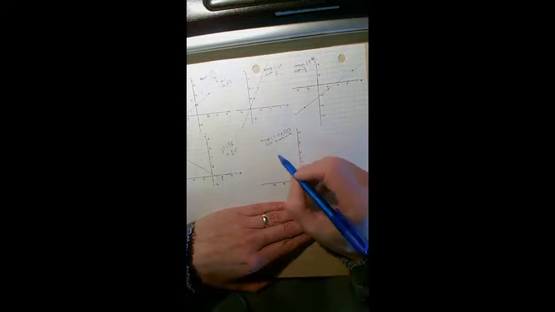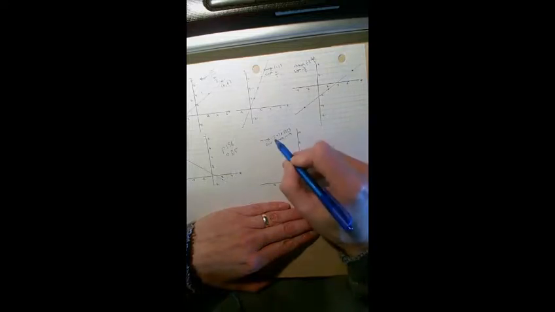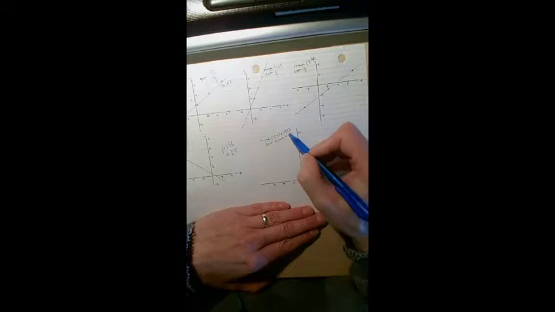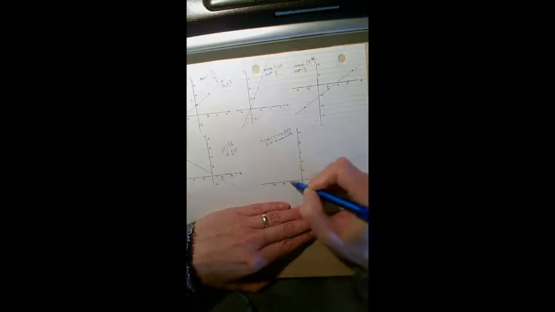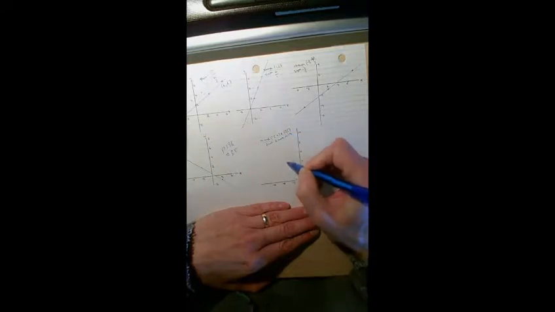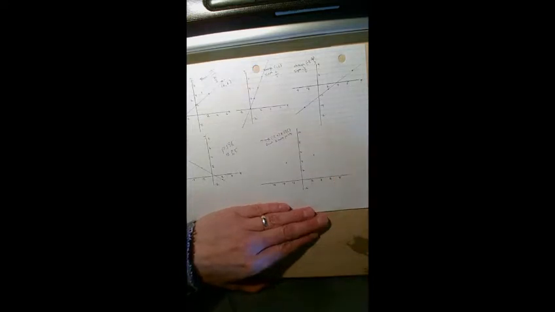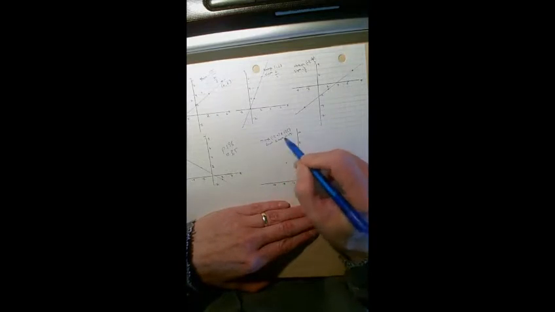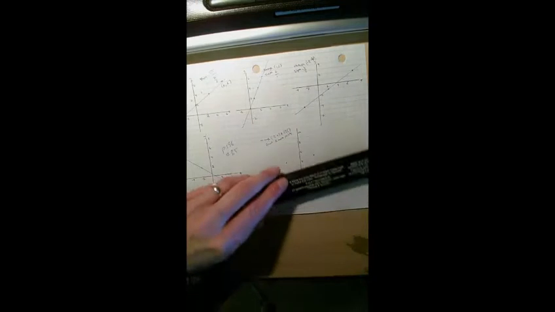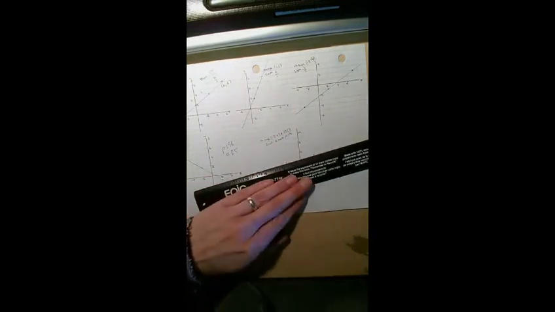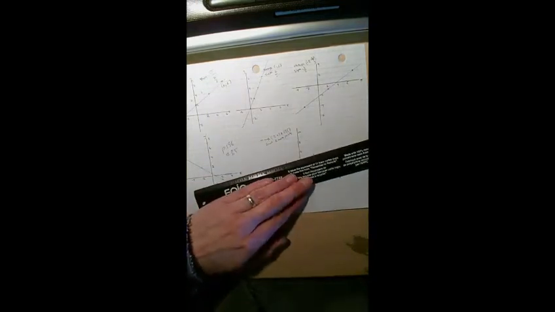So I'm going to draw a line that goes through the points negative 3, 4 and 3, 5. So negative 3, 4 is here, and 3, 5 is there. And then, if you can read, it says find 2 more points that are on the line. Now what I was doing earlier was using the slope to find more points.